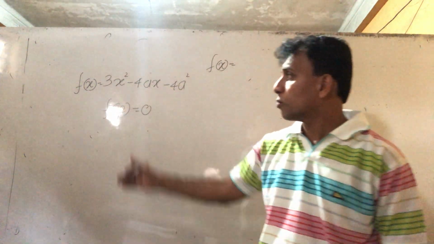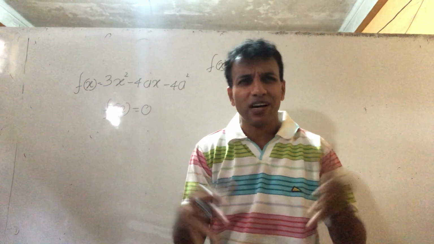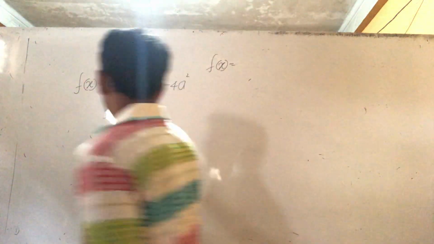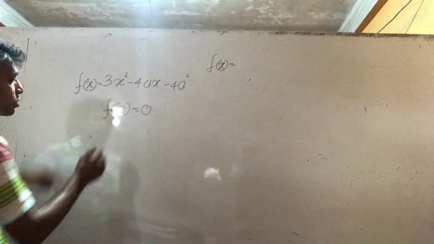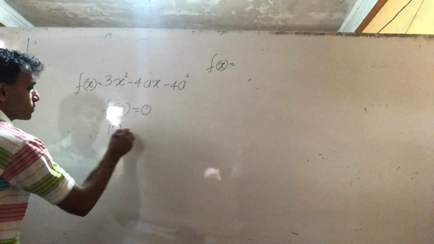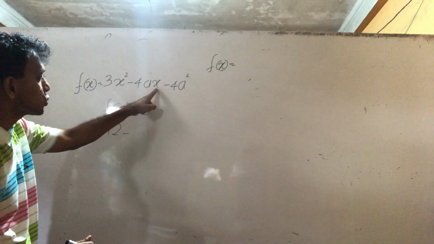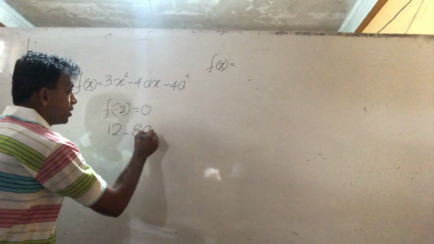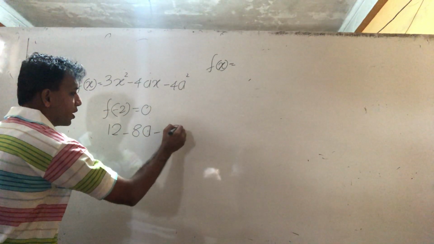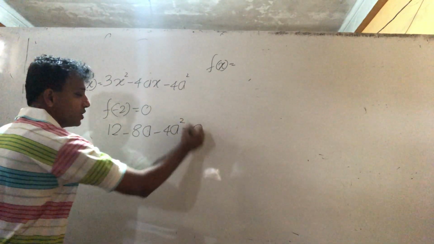Now put x for minus 2 equal to 0, then you have oral maths. So if you put x for minus 2 here, plus 4, 4 times 3, 12. Put x for minus 2, plus 8a, minus 4a squared equal to 0.